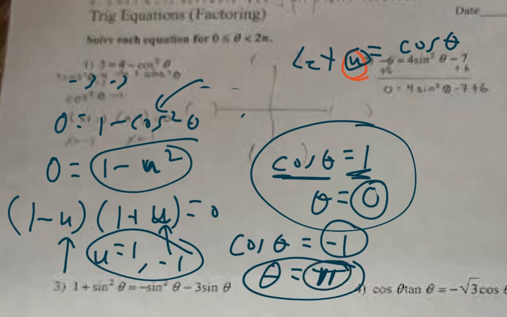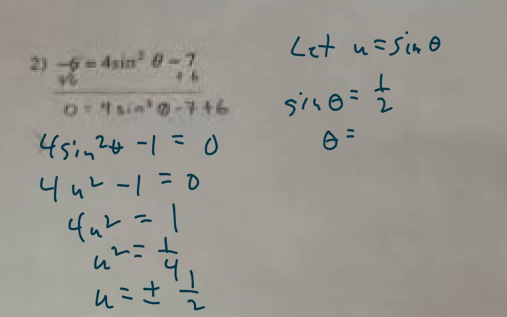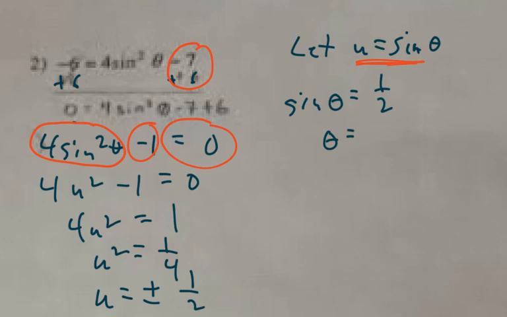All right, let's pick up the pace a little bit here. On number 2, I'm going to go ahead and add 6 to both sides. So notice I get this here, 4 sine squared theta, right there, I'll have a minus 1 equals 0. Again, we'll let u be sine theta this time. So what we really end up with is 4u squared minus 1 equal to 0.